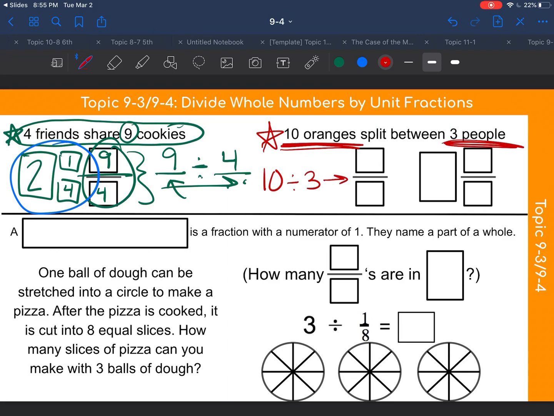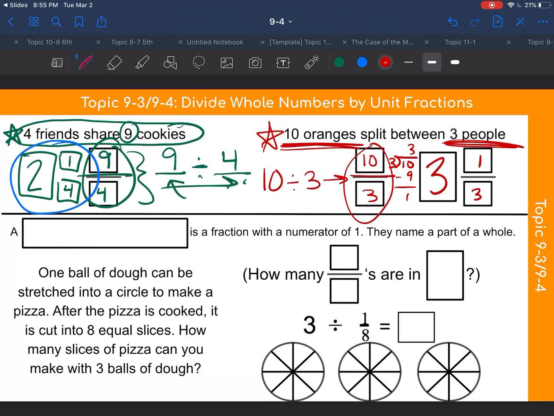So we would write it as 10 divided by 3. Again, this is improper, so we can do a little division. 10 divided by 3. 3 goes into 10 3 times to get 9. Subtract and get 1. So if we're sharing 10 oranges among 3 people, each person will get 3 1/3 oranges. Okay, so that's just a little recap from yesterday.